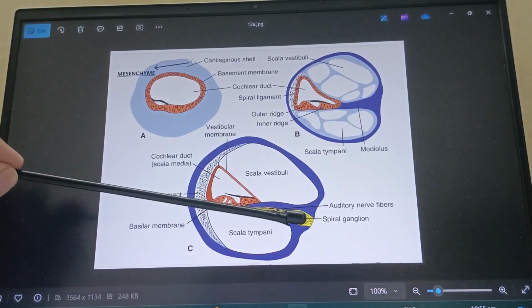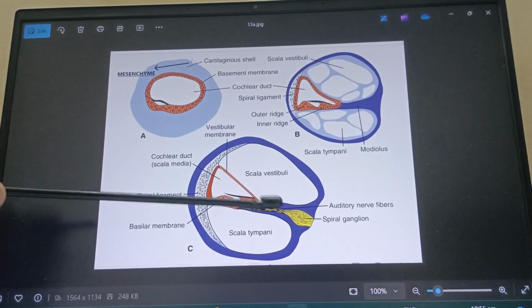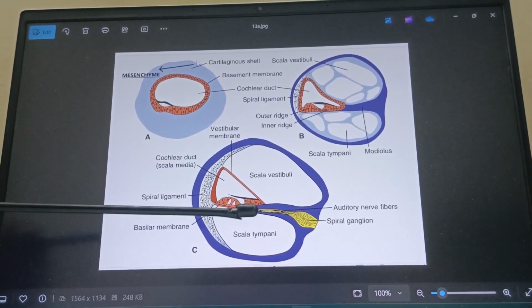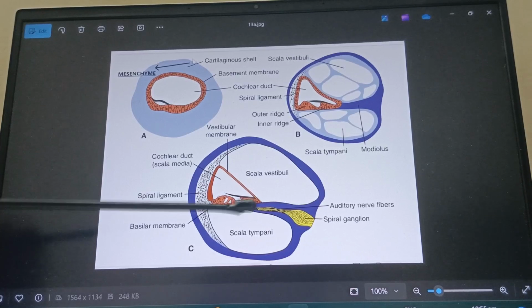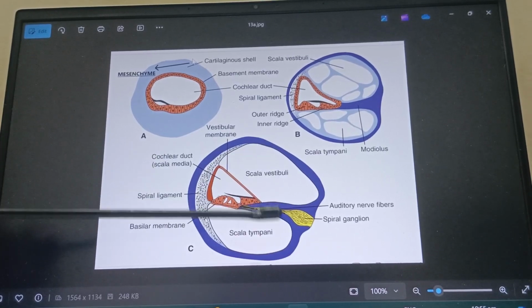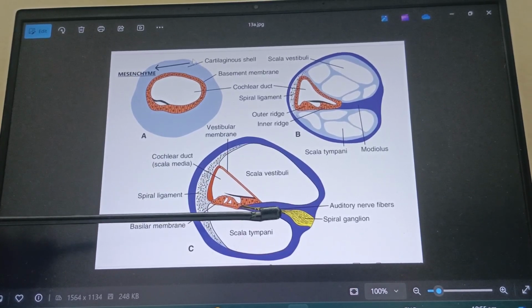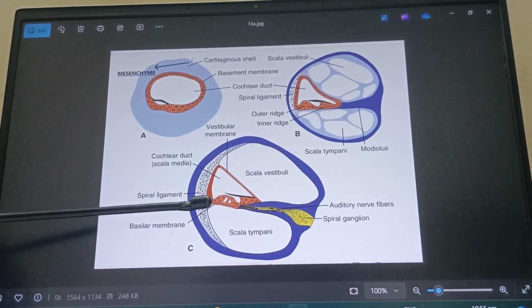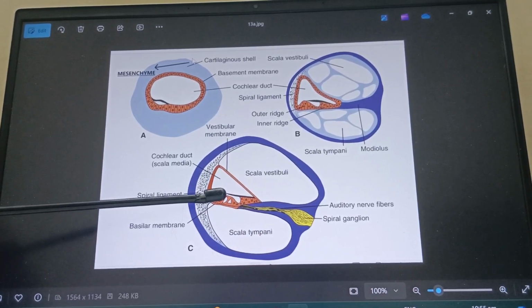It will be carrying inside a spiral ganglion, and we can see its nerve fibers forming the auditory nerves or auditory portion of the eighth cranial nerve, and the area that is extending from the modiolus up to the basilar membrane just below the organ of Corti.